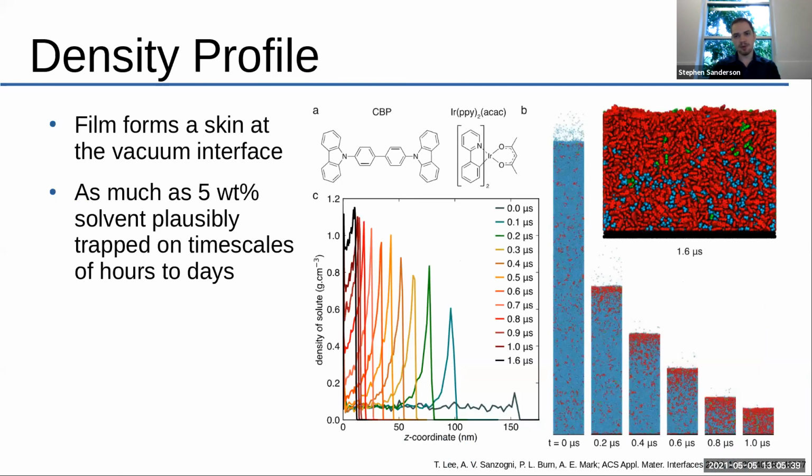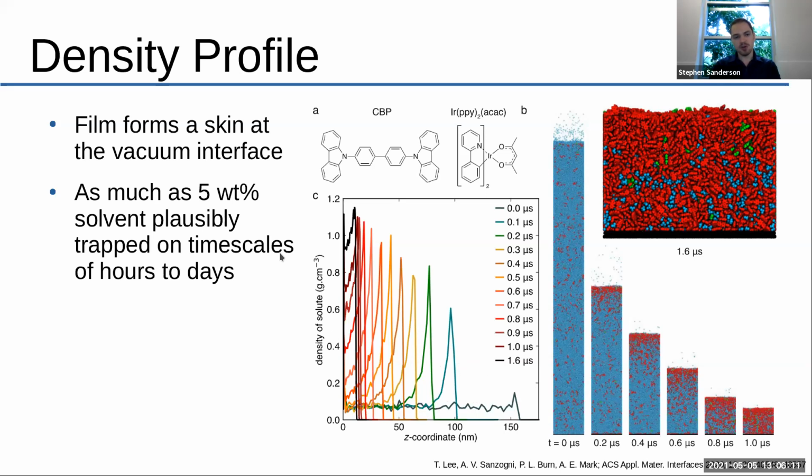We can do that by taking advantage of some of the properties of these systems. This is a figure from Tom's slides and paper showing the density profile of the layer. We can see that as the film dries, it tends to form this skin at the top. Whereas lower down in the layer, it's essentially at the same density as the initial system.